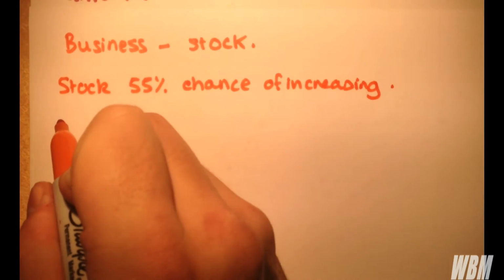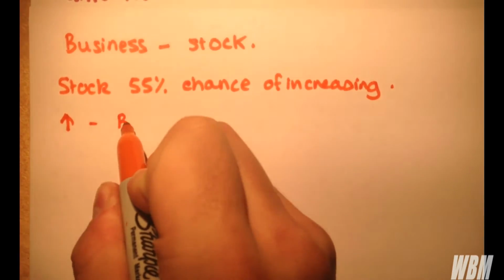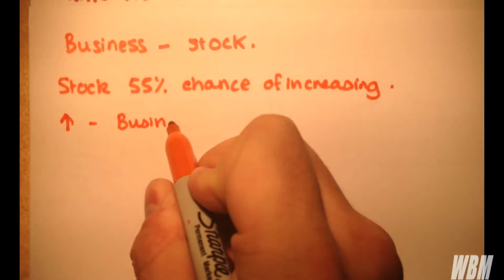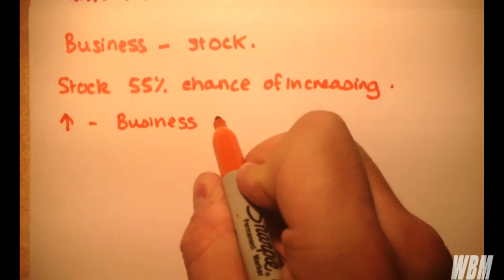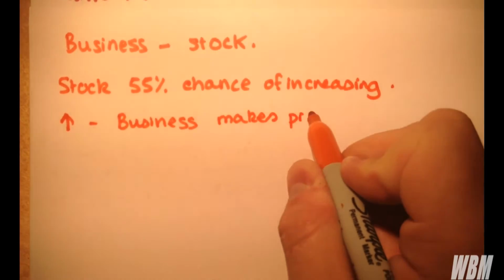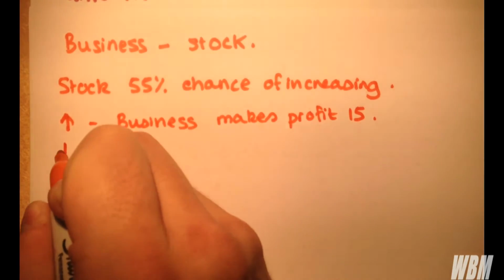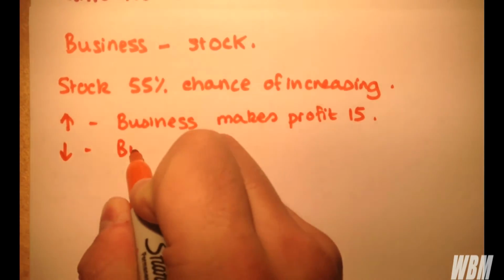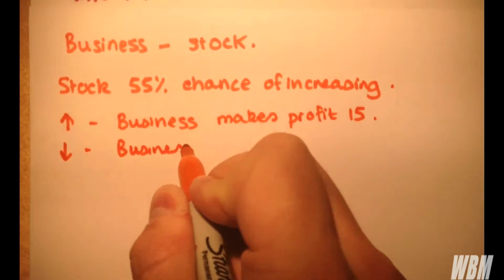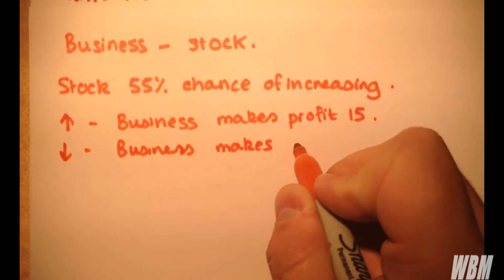If the stock goes up, the business makes a profit of 15. If the stock goes down, the business obviously makes a loss of 12.